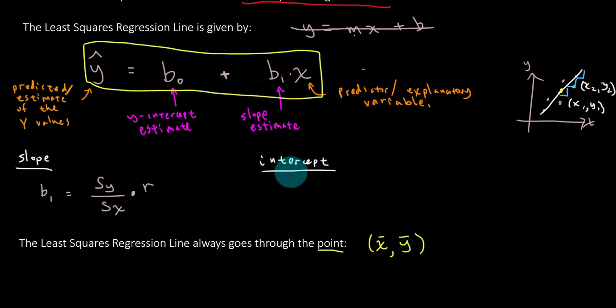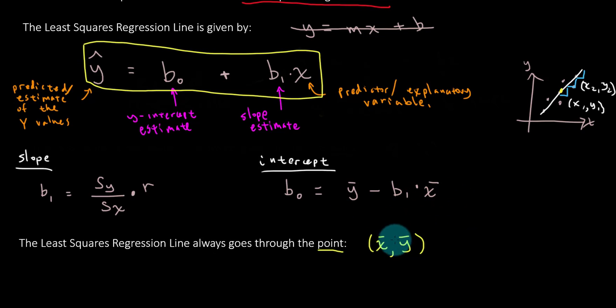If you know the slope and you know a coordinate, then you can solve for the intercept. The equation for the intercept estimate is the mean of the y's minus slope times the mean of the x's.